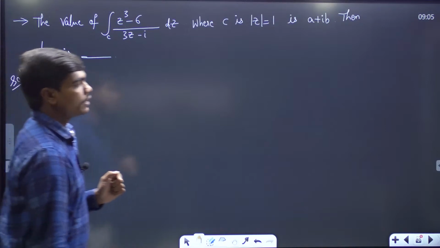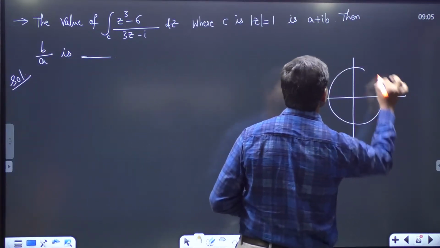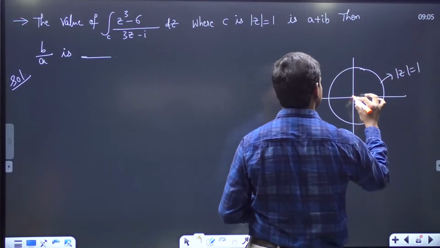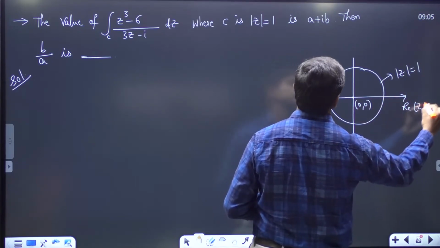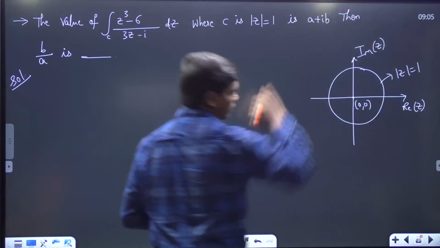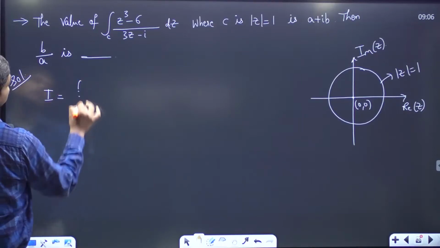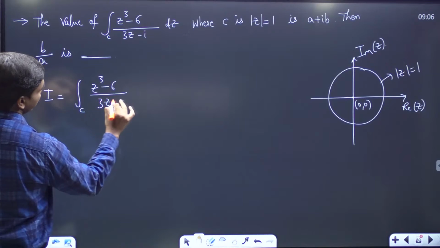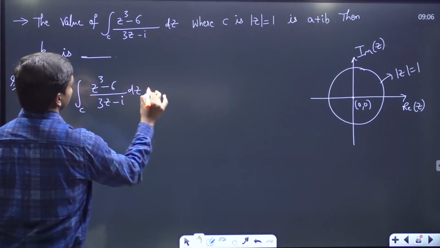Mod z equal to 1 is a circle with center at origin and radius 1 unit. So this is mod z equal to 1 with center at 0, 0. Of course, this is the real part of z and this is the imaginary part of z. Now I is equal to the integral over C of z cube minus 6 divided by 3z minus i dz.